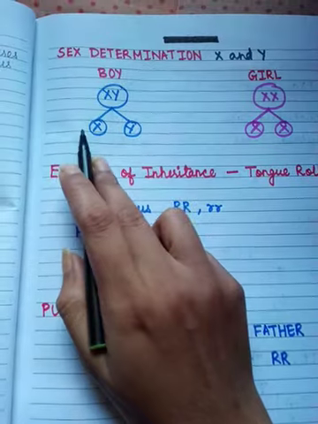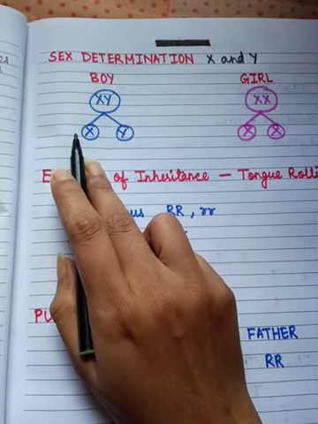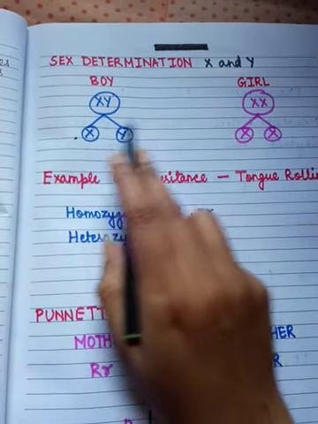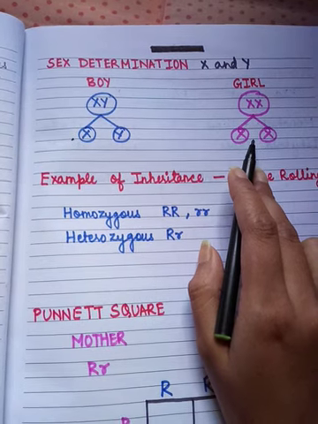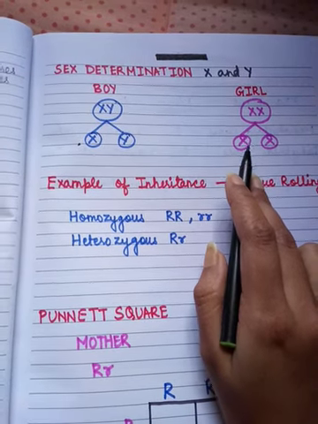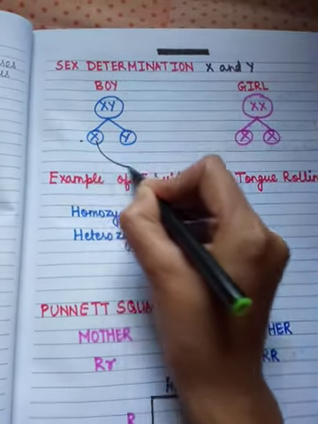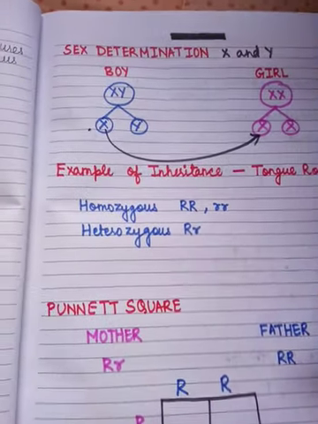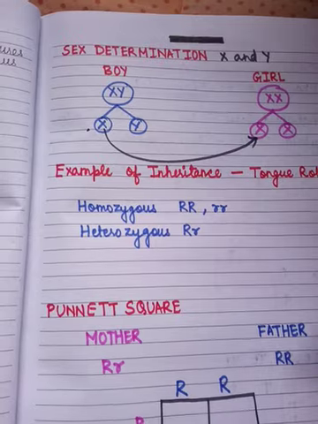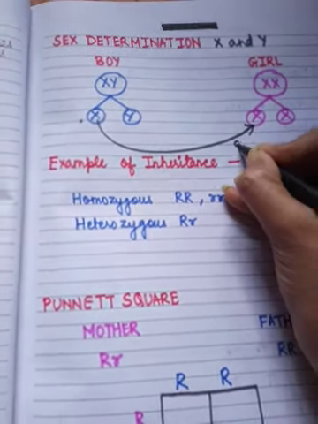If a sperm carries the X chromosome and fertilizes an ovum, which always carries the X chromosome, then the combination will be a girl or a female.